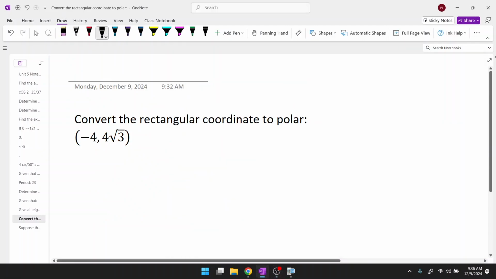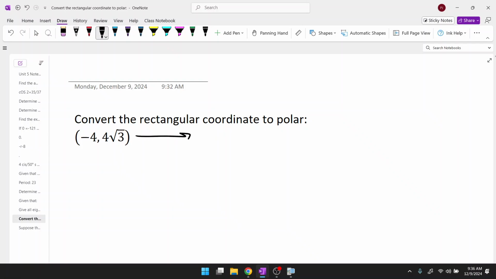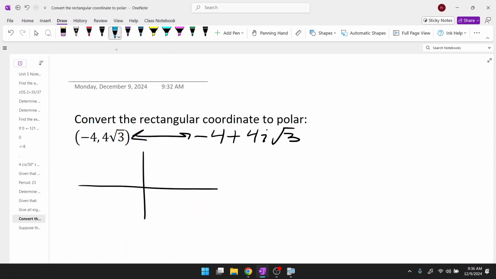Now, if you gave this to me in polar cis form, I would accept that too. So basically, yeah, you could do it as -4 plus 4i root 3, but here's the thing. Doing the math to find the r value and the angle, it all works the same way. But in rectangular form, this is going to put us into the second quadrant, somewhere right about here.